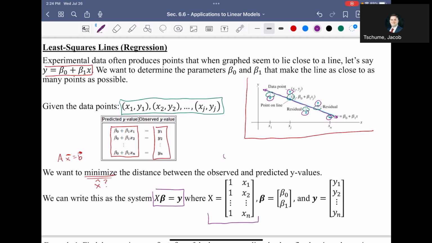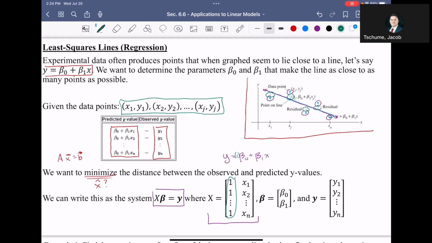So remember, back up at the very top, we're trying to use the formula y equals beta naught plus beta 1x to approximate this line. Now you'll notice your first unknown is going to be beta naught. Attached to this beta naught is an unknown 1, because there is no variable attached to it. So since there's no variable attached to beta naught, we assume all the elements of the first column are the number 1.